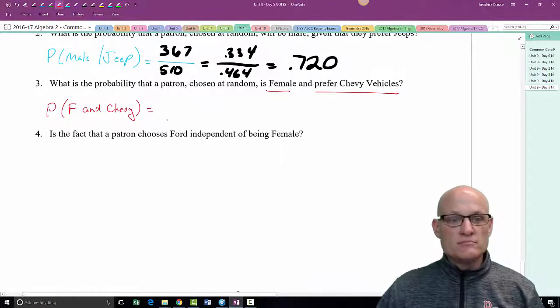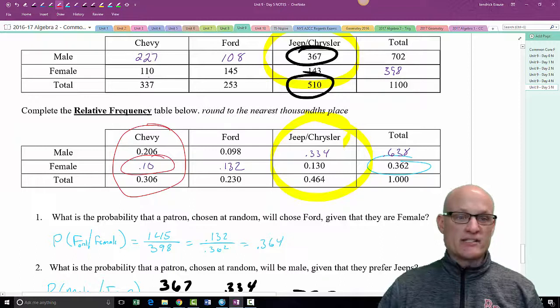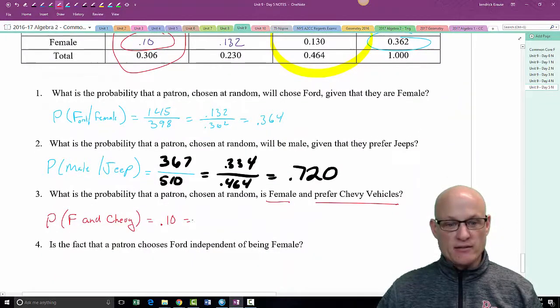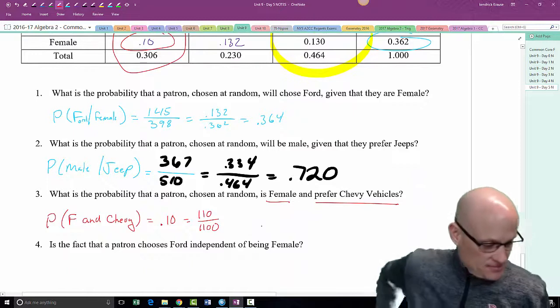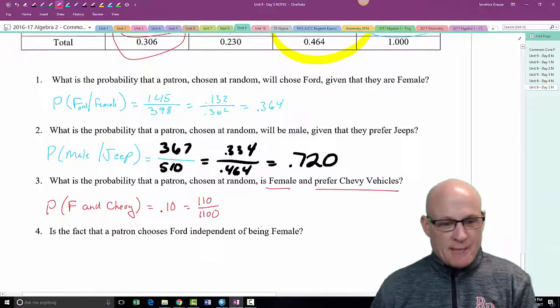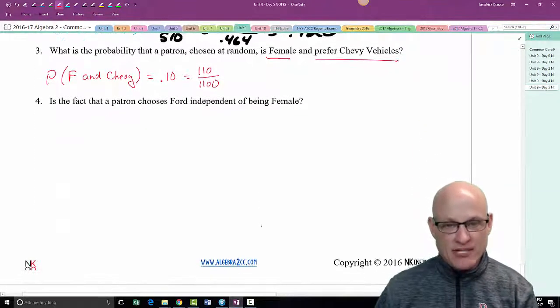In the other table, it's 110 over 1100. Either way, acceptable answer.